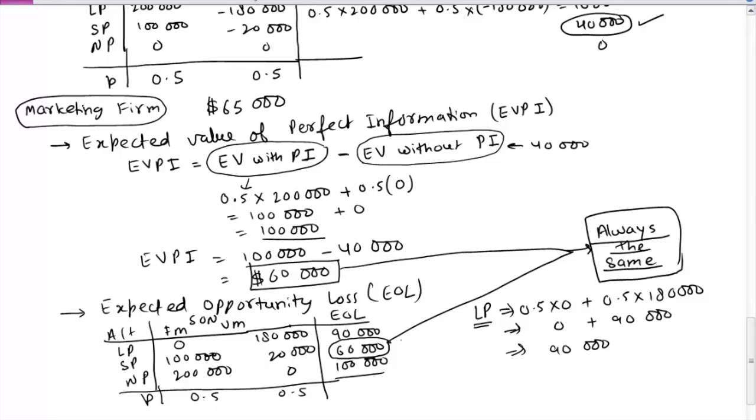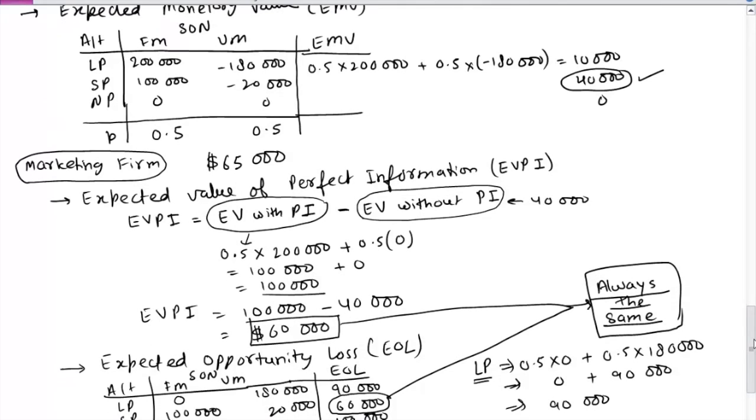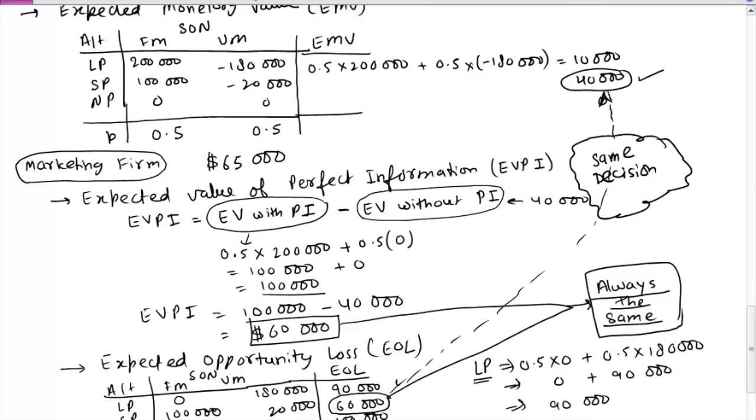And you'll also notice that this 60,000, so I will make an arrow here with a dotted line, if I go like this to the 40,000, both of these situations always lead to the same decision. Same decision means here also we get small plant as the best decision, and in the first situation also we get small plant as the best decision.